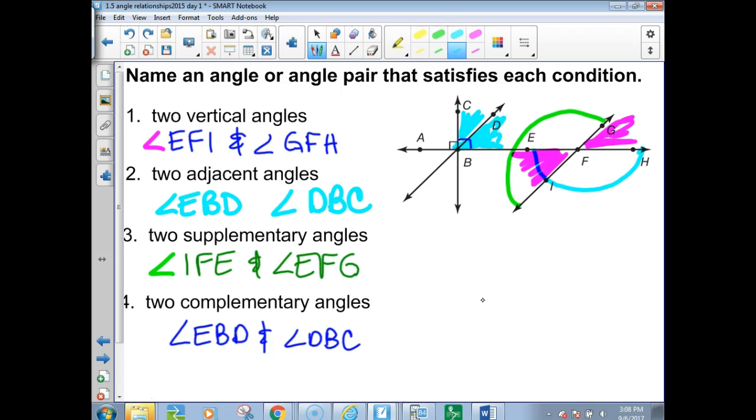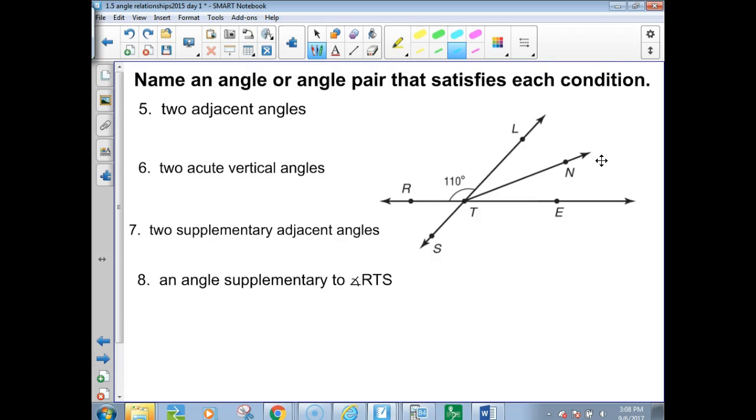So we got a new picture here. I'm hoping I can get some more help on the next questions. It says name an angle or angle pair that satisfies each condition. If I'm looking for adjacent, that's nice and easy if you understand that that means they're next to each other. Can somebody name me with 3 letters? I need 2 angles, 2 sets of 3 letters to name some more adjacent angles. Now, I know you understand adjacent, Kenny.